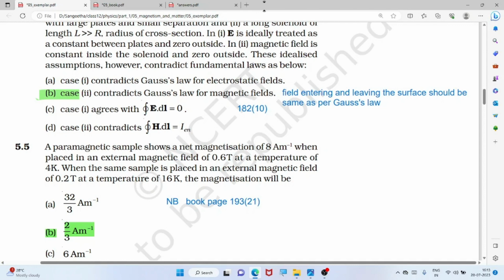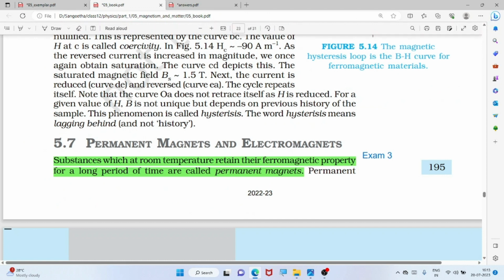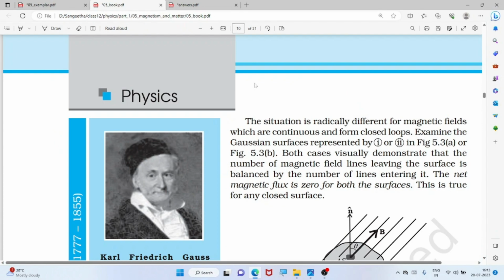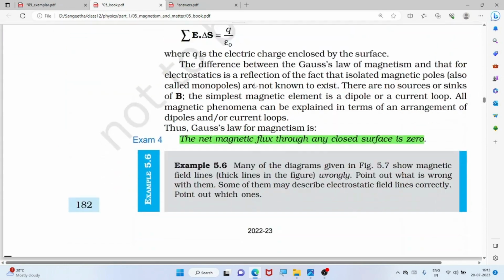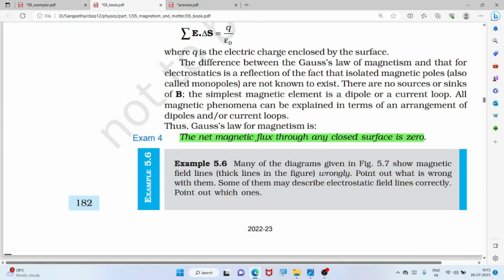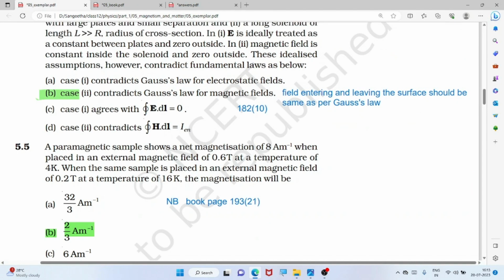But here they are saying there is a field inside the solenoid and none outside. This is Gauss's law of magnetic field: the net magnetic flux through any closed surface should be 0. Here it is not 0, which means it is contradictory to Gauss's law.